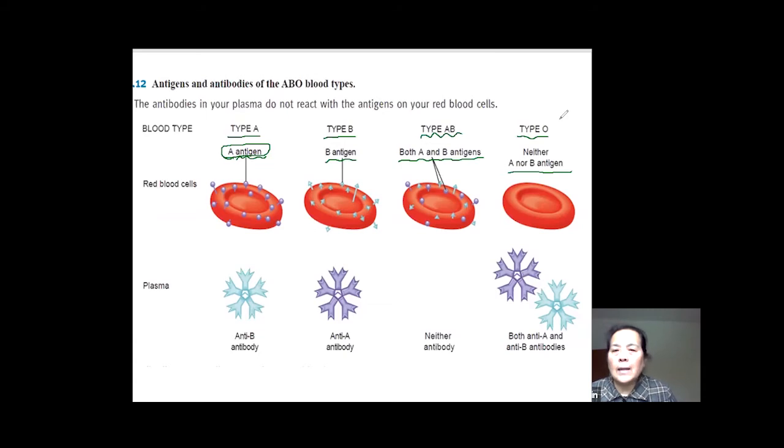So that's where blood type comes from. We name people's blood type depending on what kind of antigen is on their blood, usually on the surface of the red blood cell.